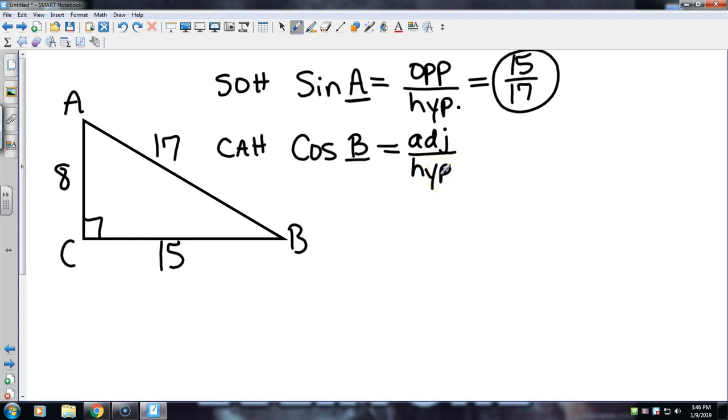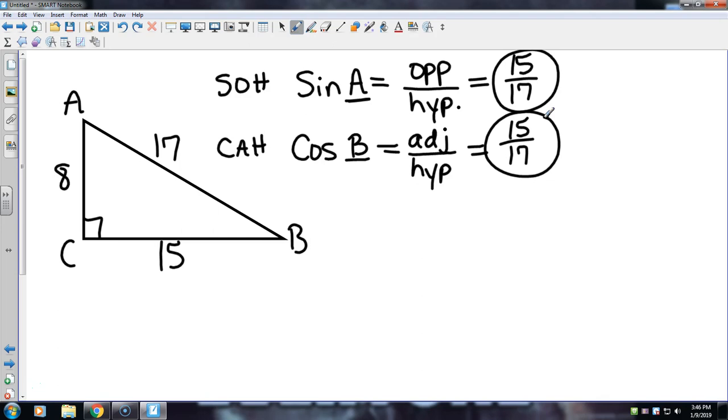So the adjacent side to B is 15, and the hypotenuse is still 17. Now, you'll see these have the same value, and that's okay. We're going to use those in a little bit. We're actually going to find out what angle A and what angle B are.